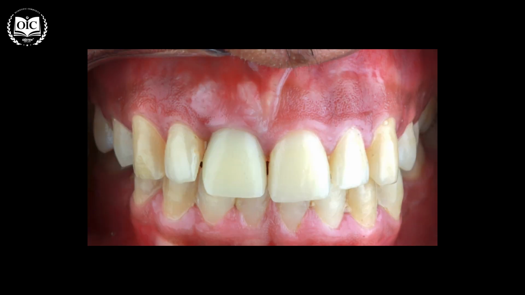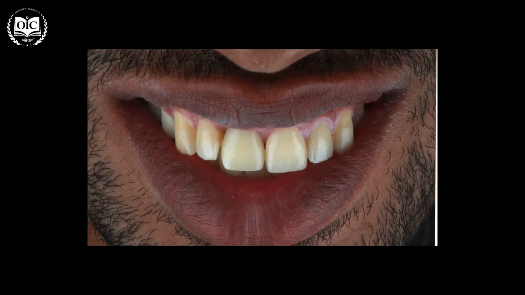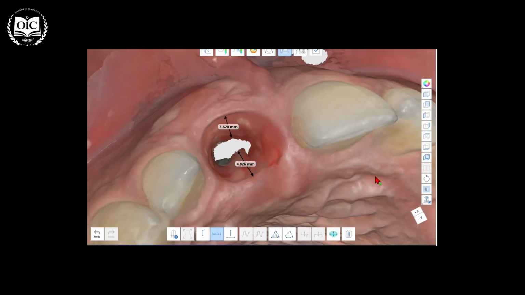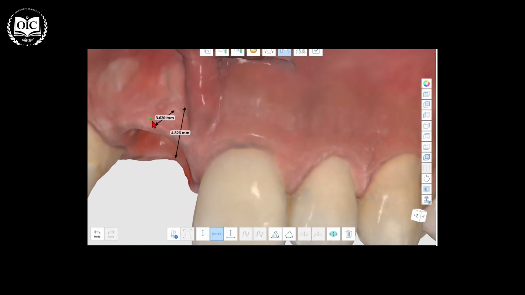It looks beautiful after 4 months of healing, and now it's time to go back and take the scan for the emergence profile. This is the untouched profile since day 1 when we did the surgery, maintained by the provisional restoration.